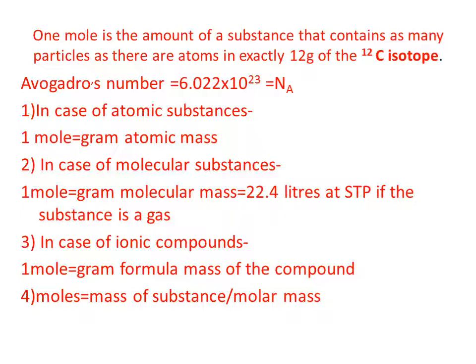And number 5, this formula of mole was used in class 9 also. All the examples and numericals were solved by using this formula. What is this formula? Mole is equal to mass of substance divided by molar mass, that is, mole is equal to mass upon molar mass.